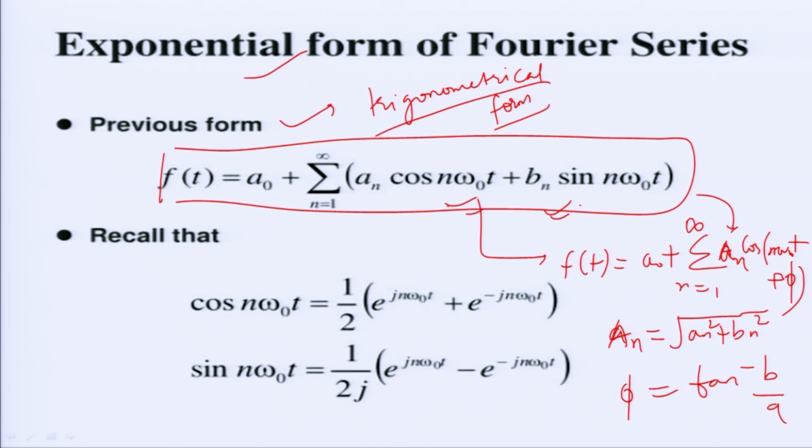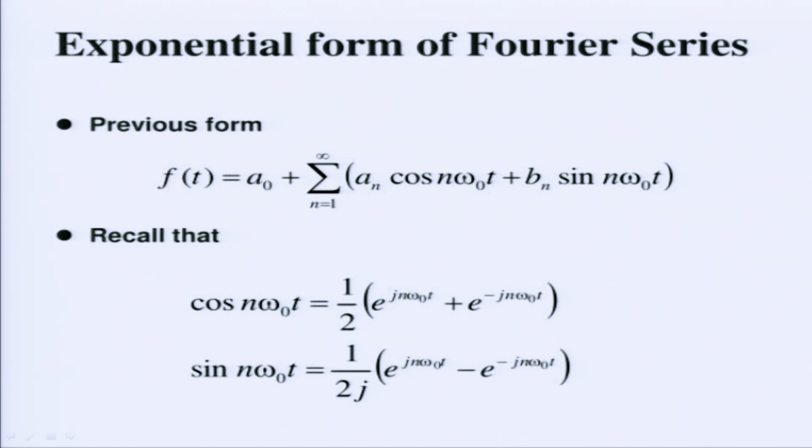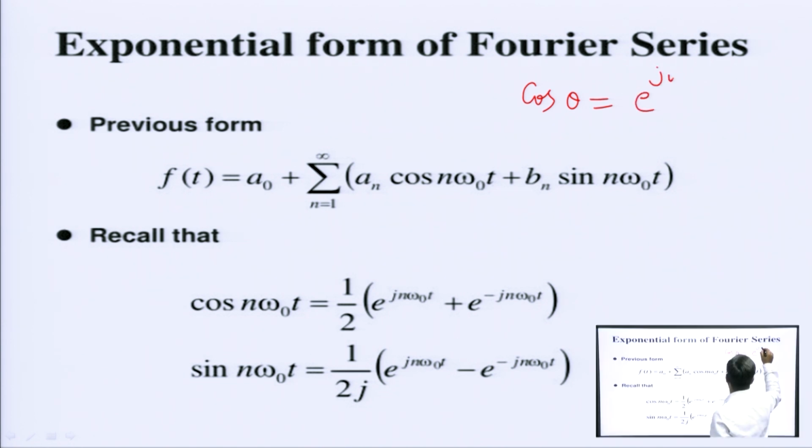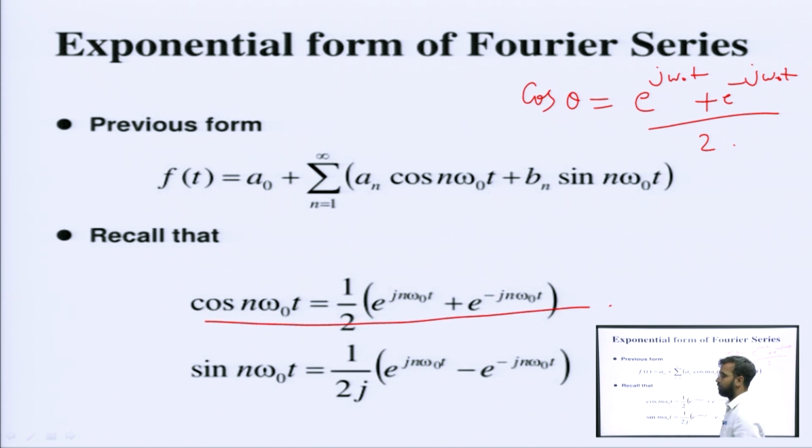So, let us see how we can represent it. You also know that cos theta can be represented as e to the power j omega naught t plus e to the power minus j omega naught t, upon 2. In mathematics we can represent the cosine signal as e to the power j n omega naught t plus e to the power minus j n omega naught t, by 2, and the sine function as e to the power j n omega naught t minus e to the power minus j n omega naught t, by 2j.